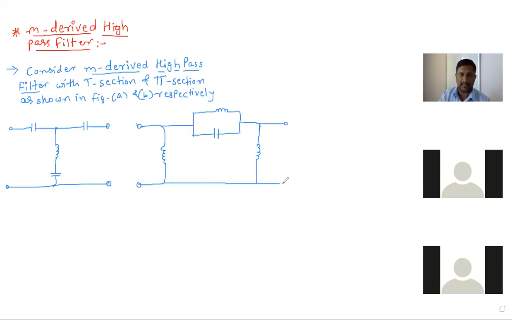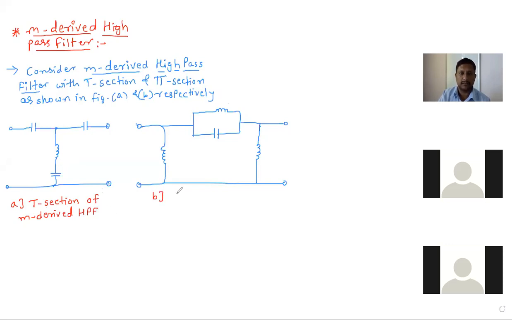So what is the modification compared to the constant K type? Here only a capacitor was added, and here an inductor is added, in parallel with the capacitor in series. That is the only modification. Now the names: this is figure A, the T section of the M-derived high-pass filter, M-derived HPF.